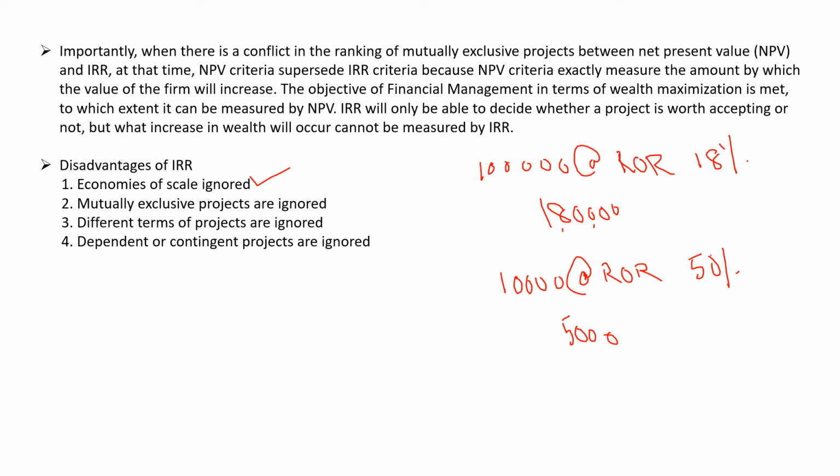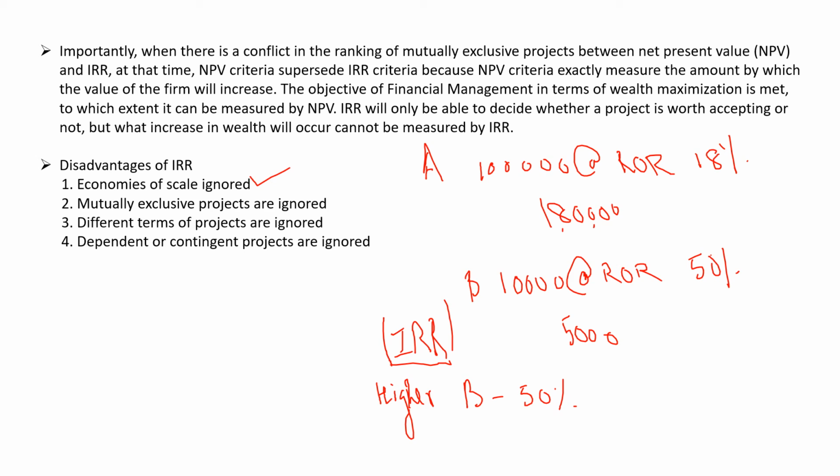But here, if we take the IRR method into consideration, we will be investing in the project which has a higher rate of return, higher IRR. So higher IRR is in project B. So project B will be chosen as it has a rate of return of 50%.